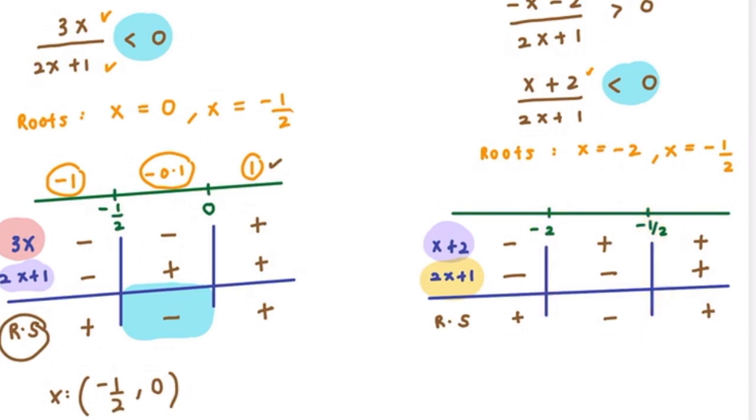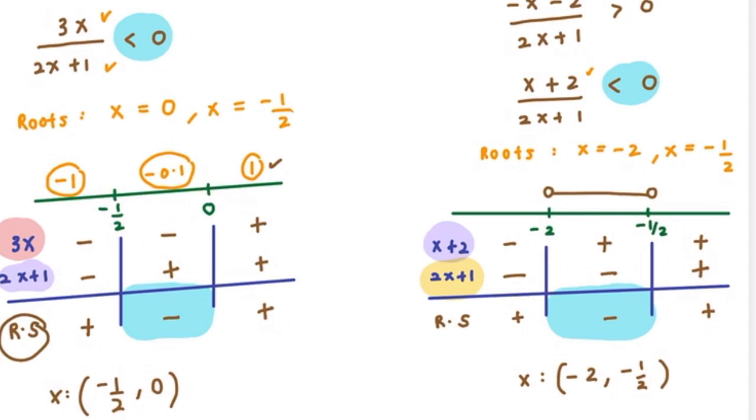So this is the chosen interval. Okay, so write your answer. So x is from -2 until -1/2. Okay, sorry, open circle. This one is an open circle. Why open circle? Because you don't have an equal sign.